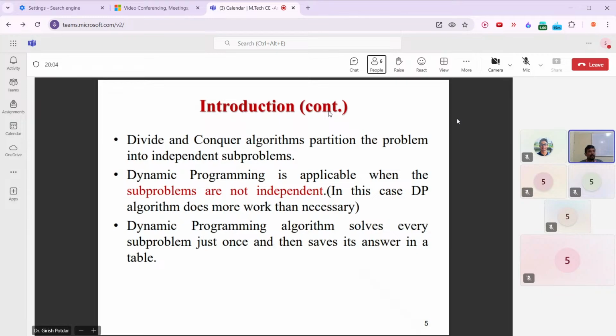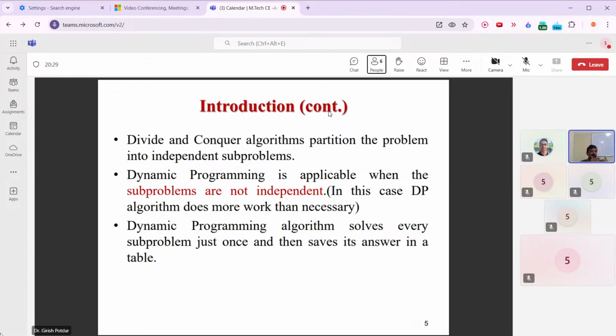In divide and conquer, the sub-problems are independent. Though they are of the same nature as the original problem, they are independent. But in dynamic programming, sub-problems are not independent.